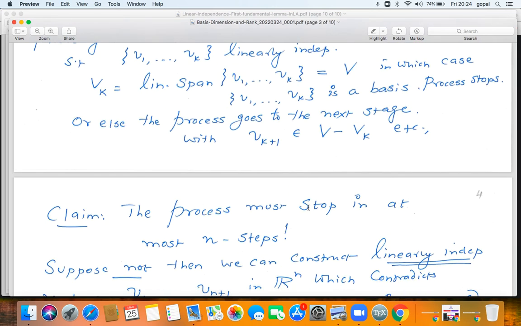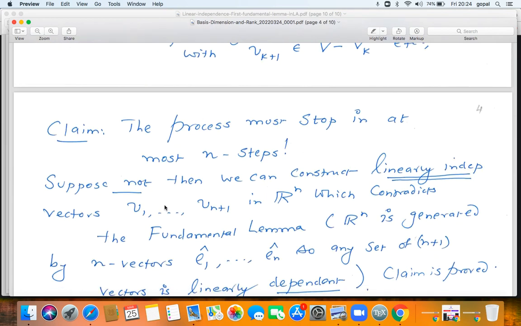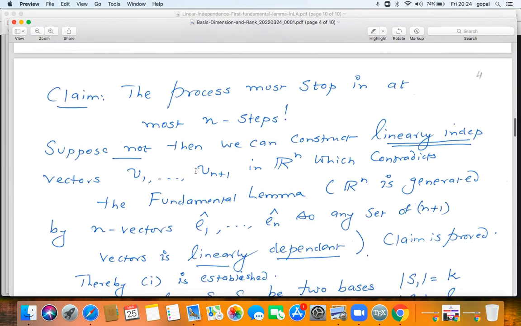In fact, not only does the process terminate, we can tell you that the process must terminate in at most n steps. Because if the process doesn't terminate in n steps, then it will go to the n plus first step and would have produced n plus 1 linearly independent vectors in Rn. But Rn is generated by e1 cap, e2 cap, ..., en cap.